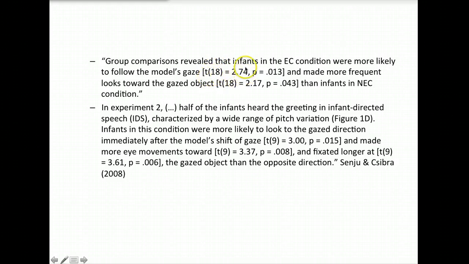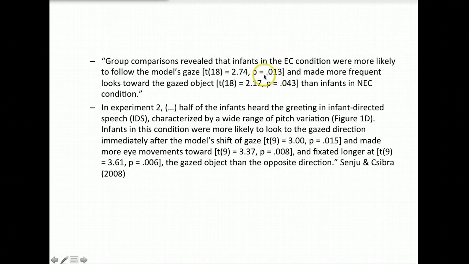We get here a t-value. The t-value tells us that the variance between the conditions was almost 3 times bigger than the variance within condition. And we get a p-value of 0.013, which you notice is below the threshold of 0.05.